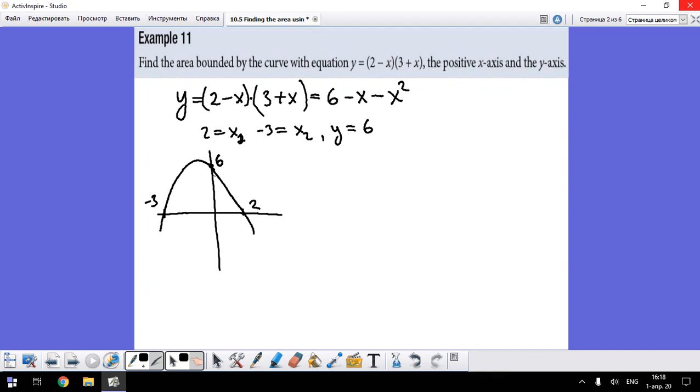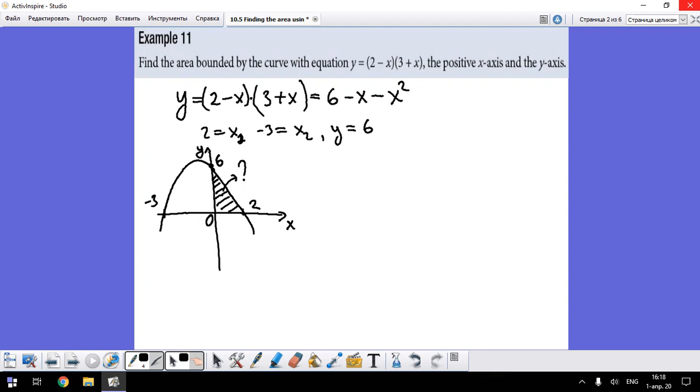So the question is asking that we need to find the area of this region. We know that the origin is always 0.